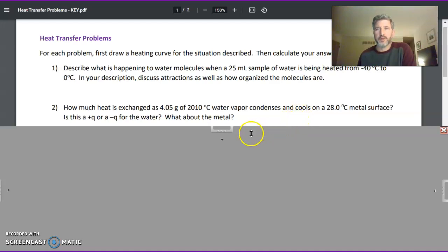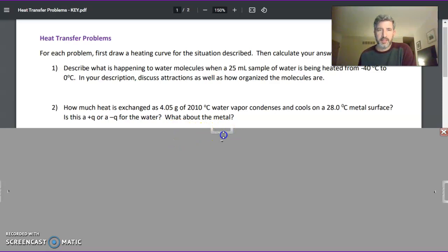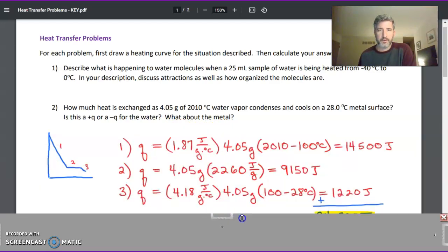And so that means we have to cool the water vapor all the way down to the point where it would condense, which would happen at its boiling point. Then we have to condense it, and then it has to cool down some more. So let's take a look at what the heating curve would look like here.